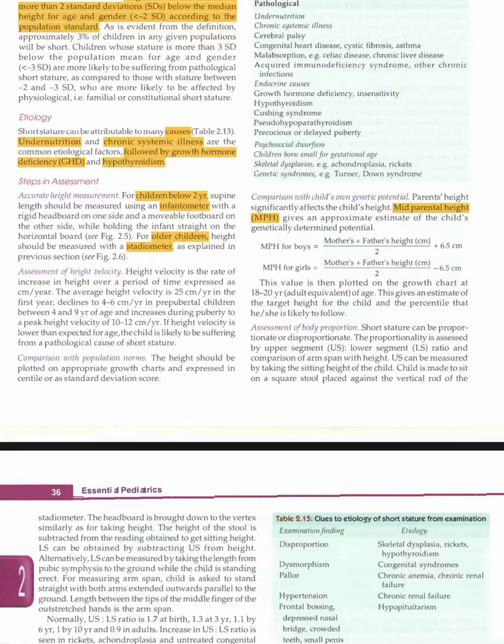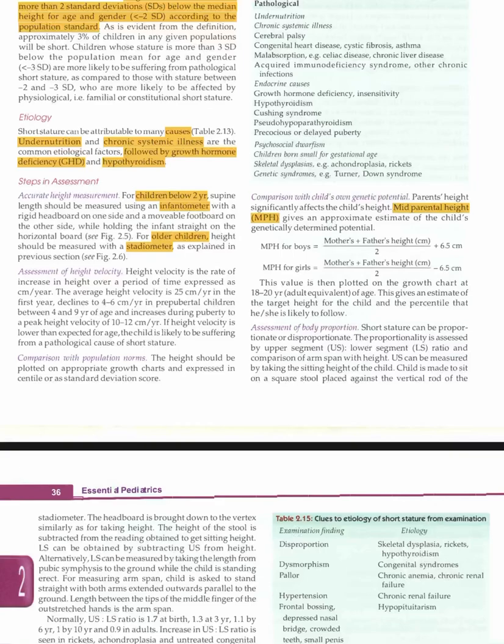MPH for girls is (mother's plus father's height) divided by 2, minus 6.5 centimeter. This value is plotted on the growth chart at the 18 to 20 year adult equivalent of age. This gives an estimate of the target height for the child and the percentile that she is likely to follow.